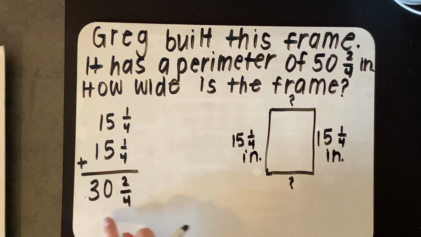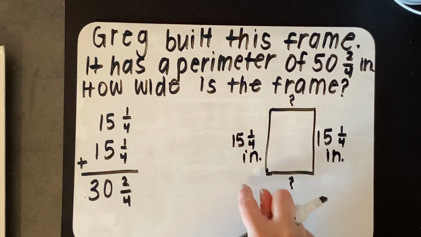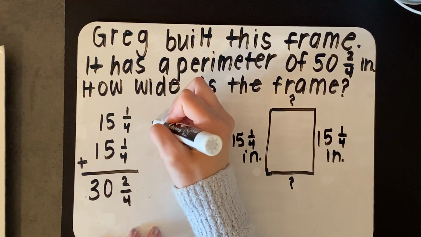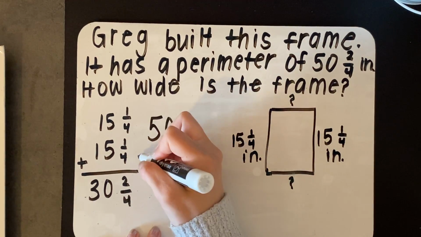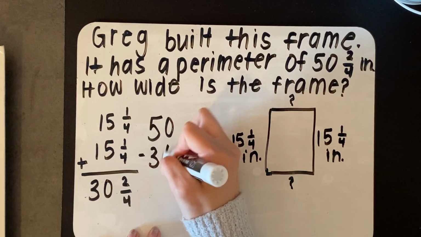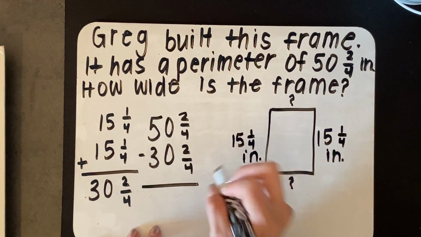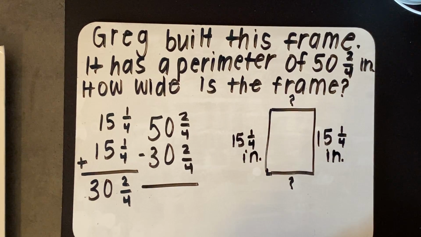So far we have 30 2/4 inches already here. The whole outside is 50 2/4. So I'm going to take that number and I'm going to subtract what we already have used on these two side lengths, and that will tell me how many inches are left.